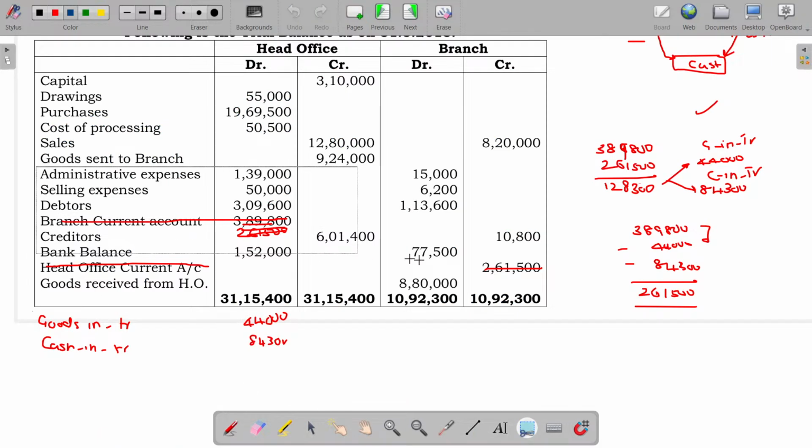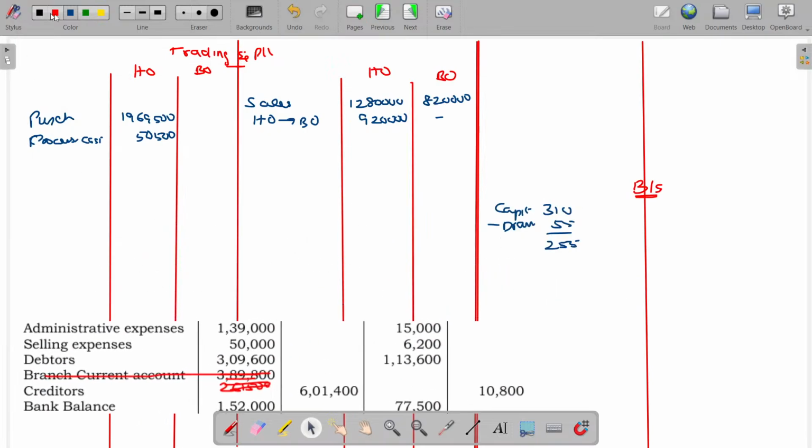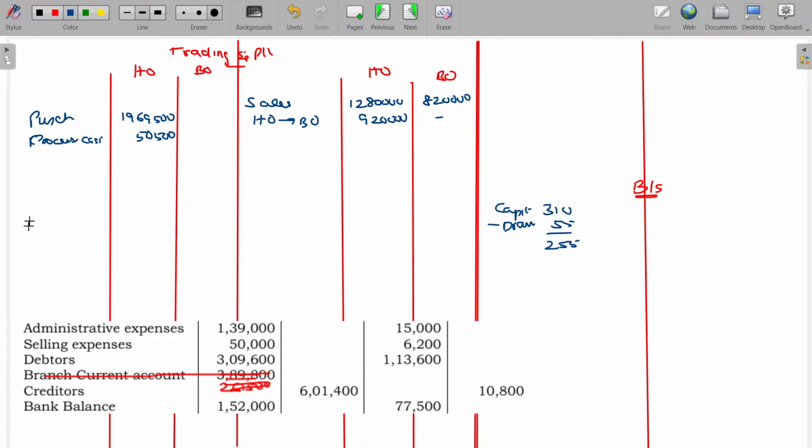Other expenses. Next set. Admin expenses should be posted in the P&L account, 1,39,000, 15,000. Selling expenses 56,200.